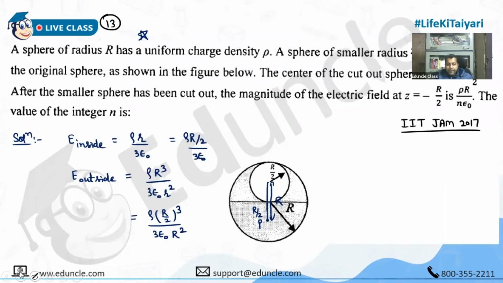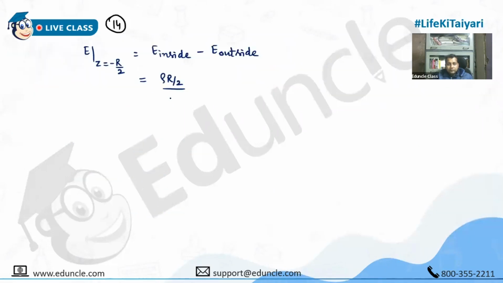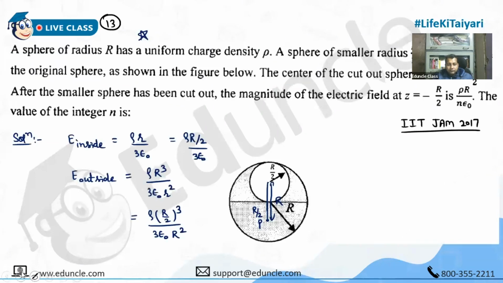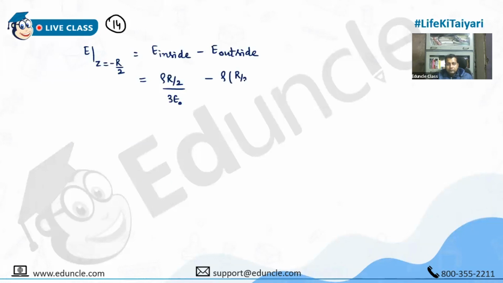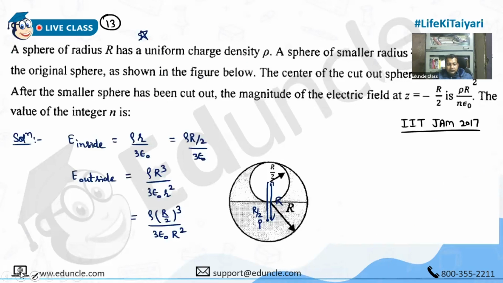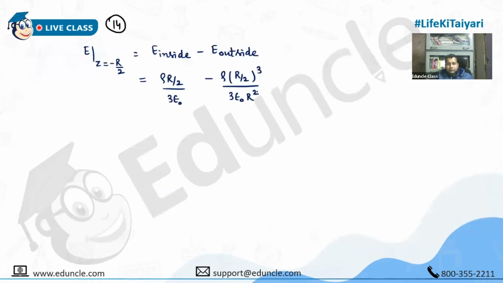Okay. So rho r by 6 epsilon naught, rho r by 24.